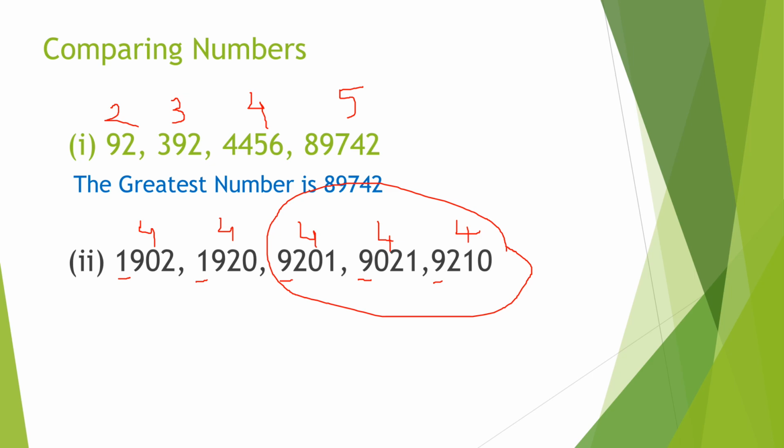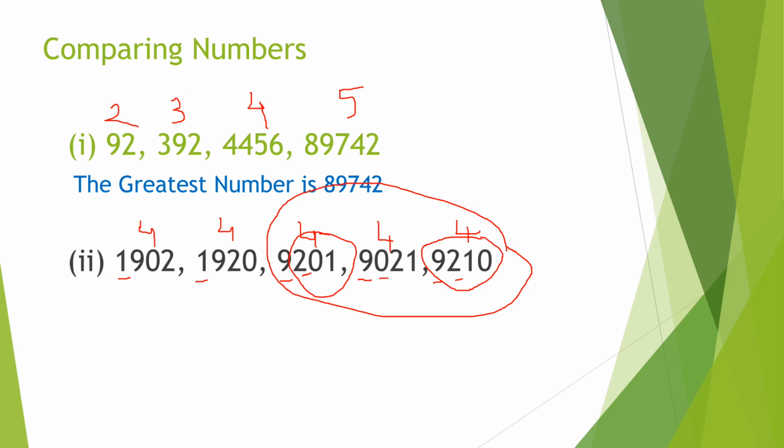Then, what is the next step? Look at the next place digit, that is hundreds place digit. Here, what is the hundreds place digit? Here it is 2. Then 9021, the hundreds place digit is 0. In 9210, the hundreds place digit is 2. So, in these two numbers, hundreds place digit is 2.